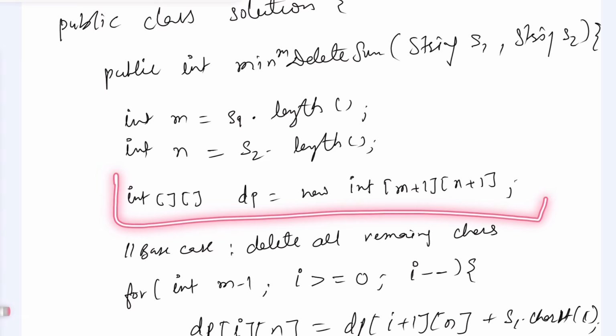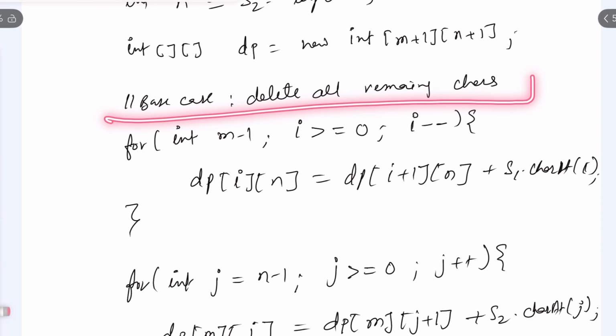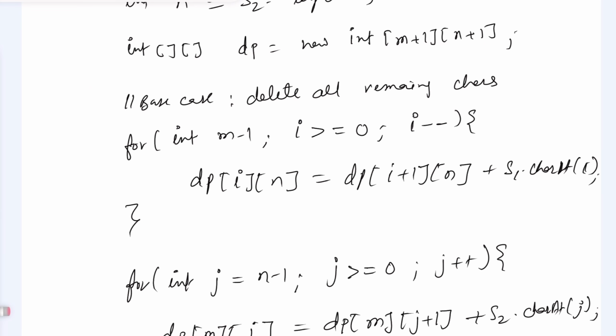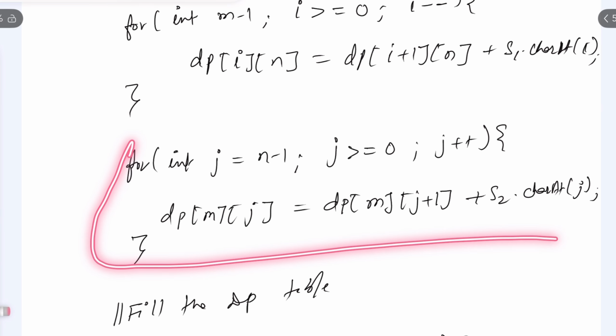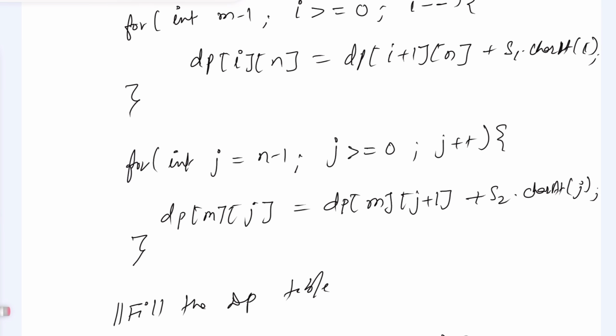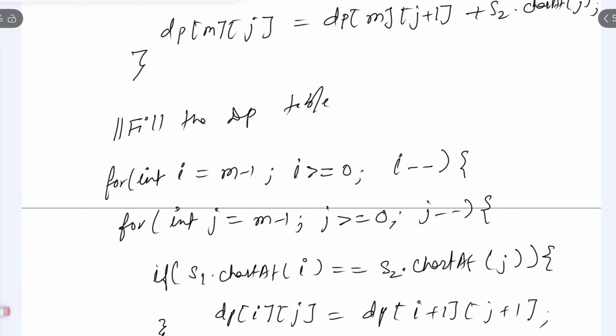We'll create a dp array, a grid of m cross n. We'll take a base condition first: you delete the remaining characters from s1 and s2.